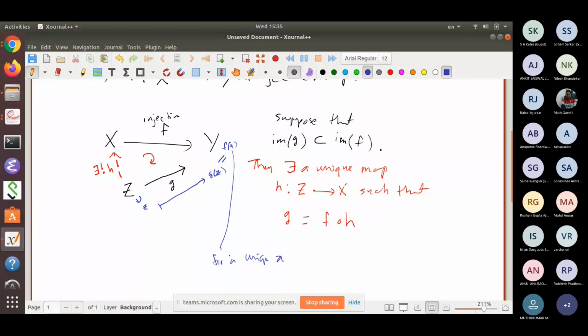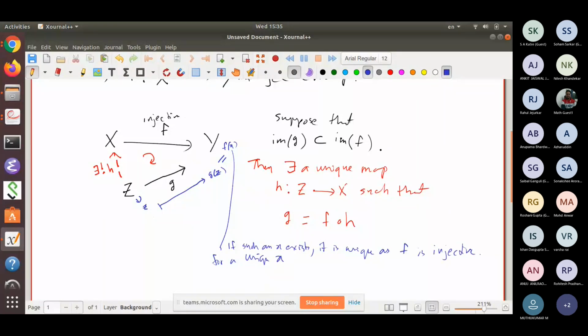If such an x exists, it is unique as F is injective.